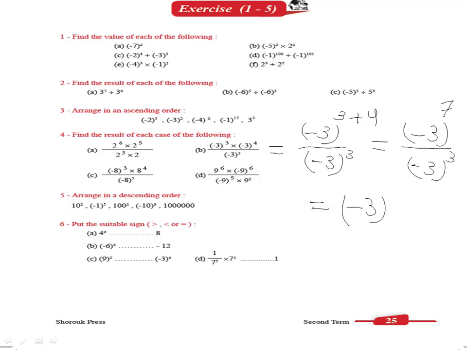In division, we subtract the powers. So we make negative 3 to the power 7 minus 3. It equals negative 3 to the power 4, because 7 minus 3 equals 4. Negative 3 to the power 4. The power here is even, so the result will be positive. So 3 times 3, 4 times, equals 81.